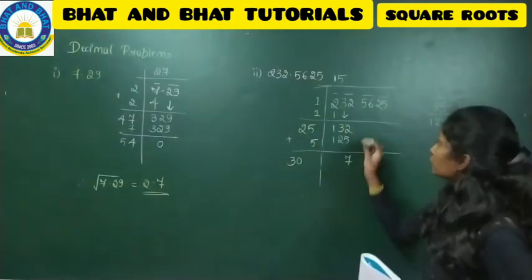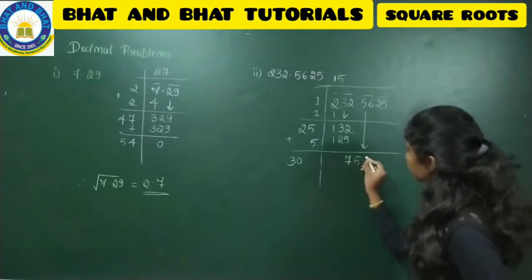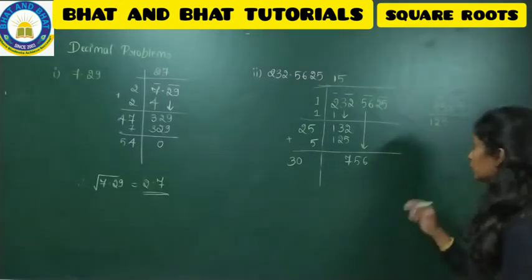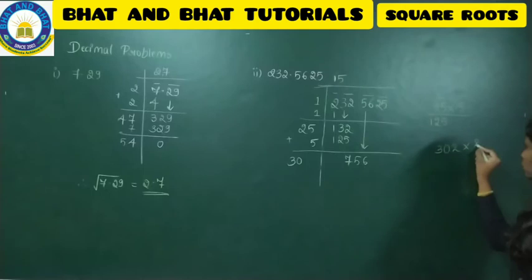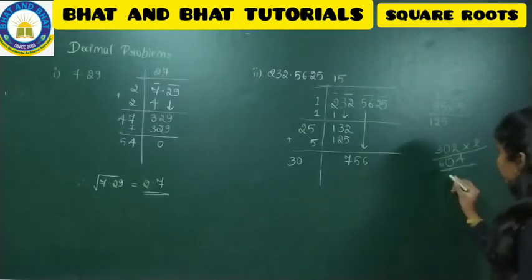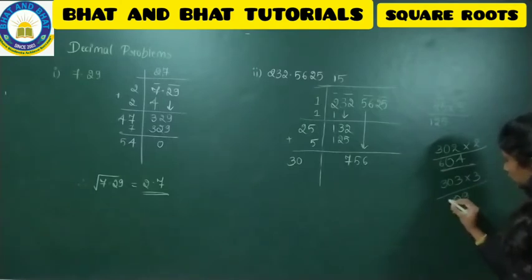Okay. So with the 7, take the two numbers down. That is 56. And now you have to see in which ones it will go. Let us see in 302 into 2. 2 2s are 4, 2 zeros are 0, 2 3s are 6. It is 604. Now we'll check it out with 3. 303 into 3. 3 3s are 9, 3 zeros are 0, 3 3s are 9.